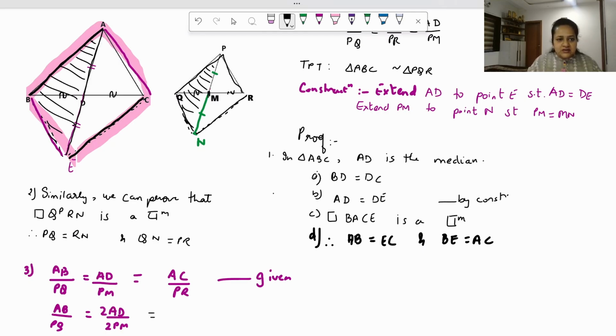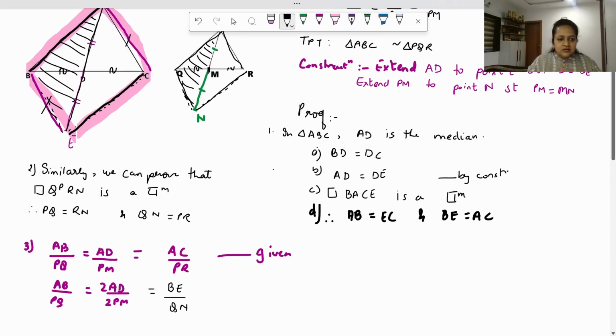And in place of AC, what is AC equal to? AC is equal to BE. And PR is equal to QN. Right? Looking ahead now, we have AB upon PQ, 2AD. Double of AD we just now discussed is AE.